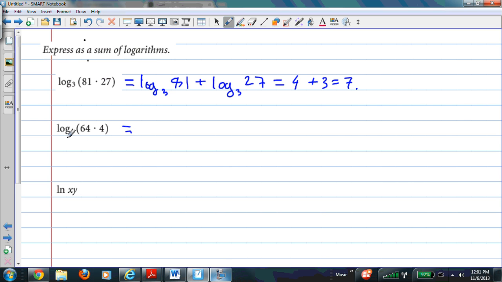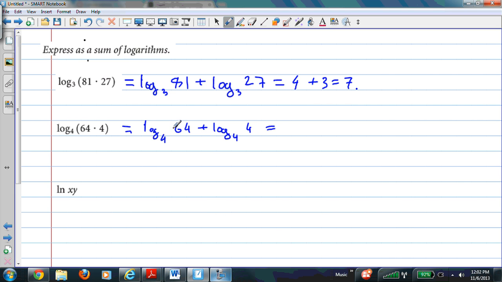Similar situation here. I see a log base 4 of a product. Therefore, I can use a product rule. Based on the product rule, we can split the product into a sum of logarithms. So that's log base 4 of 64 plus log base 4 of 4.